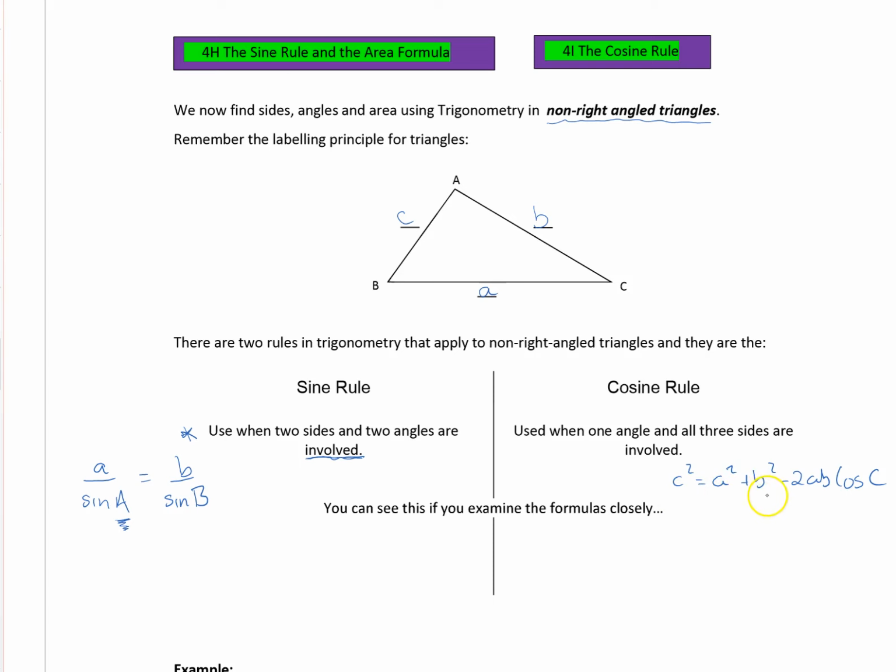We've got 3 sides. They all have to be somehow involved. You might be finding one of the sides with the other 2 sides given, but then you can also see that this angle must be given. It's really important for you to make the connection that the angle given must be the angle opposite the side you're finding.